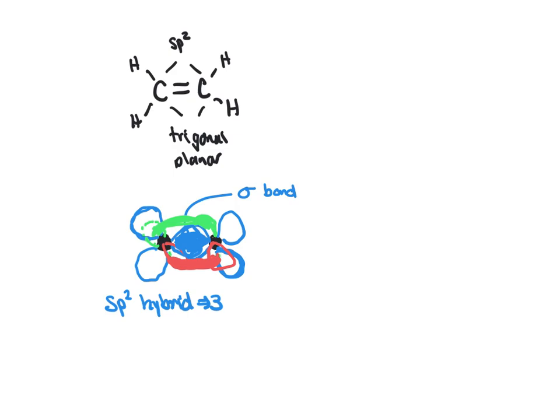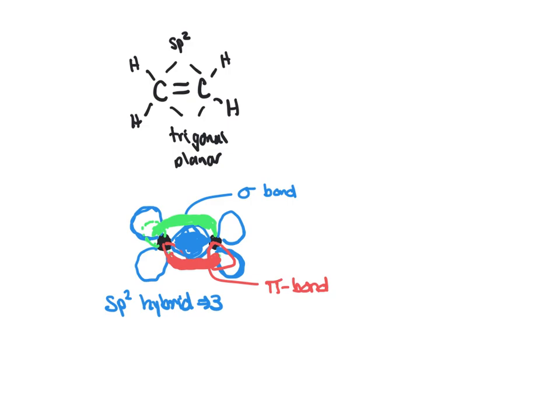And so if we think back to the picture that we had at first, this bond here that has a lobe above and below the plane of the molecule is kind of like a p orbital, and so we call that a pi bond. So the overlap of those electrons in that leftover p orbital forms a pi bond.